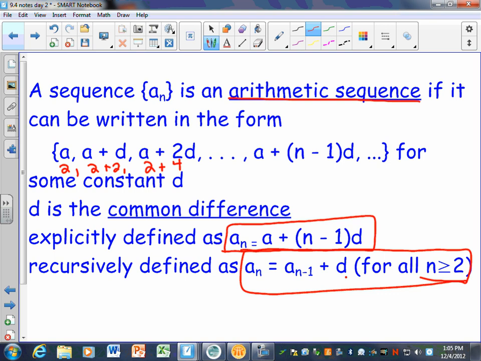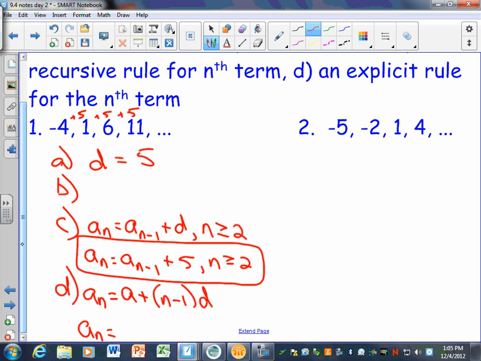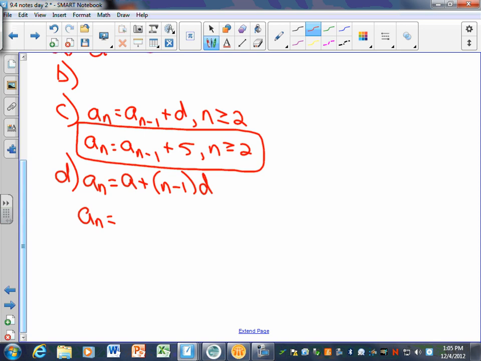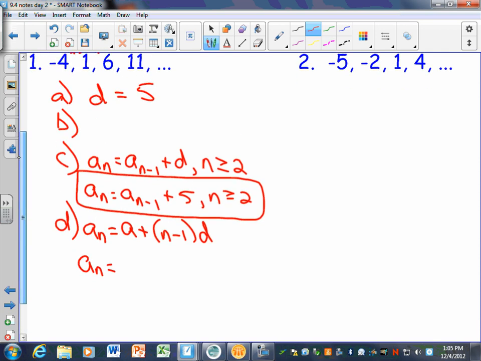Right here. A is the first number. A plus D, that's some difference, but A is the first number. So to write your explicit formula, you have to put the first number in there, which is, in this case, negative 4.